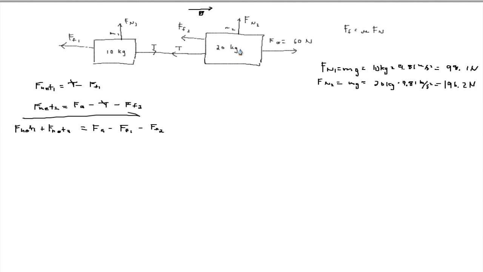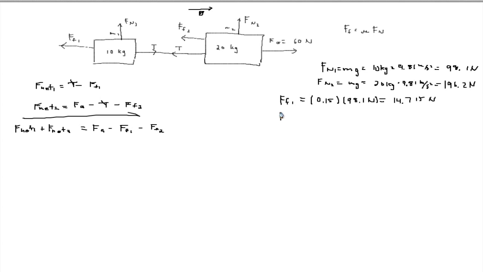And before I do anything, let's figure out the force of friction on mass 1 and also mass 2. So we'll do that right here. Force due to friction on 1 using this formula, and we know that our given coefficient of friction is 0.15. So we'll do 0.15 multiplied by our normal force on mass 1, which is 98.1 newtons, which will give us a value of 14.715 newtons.